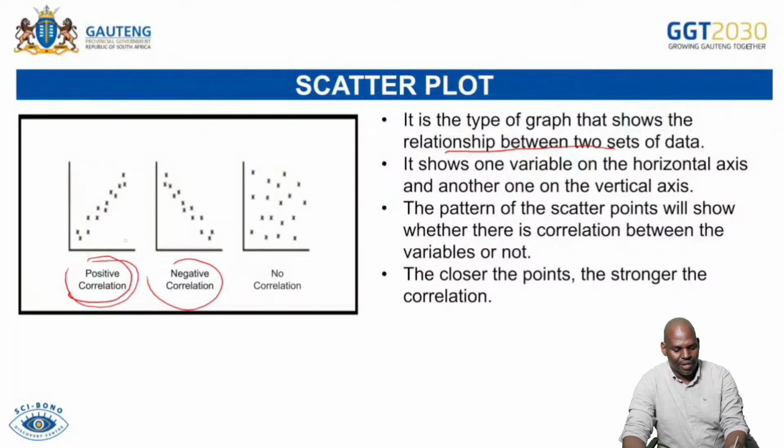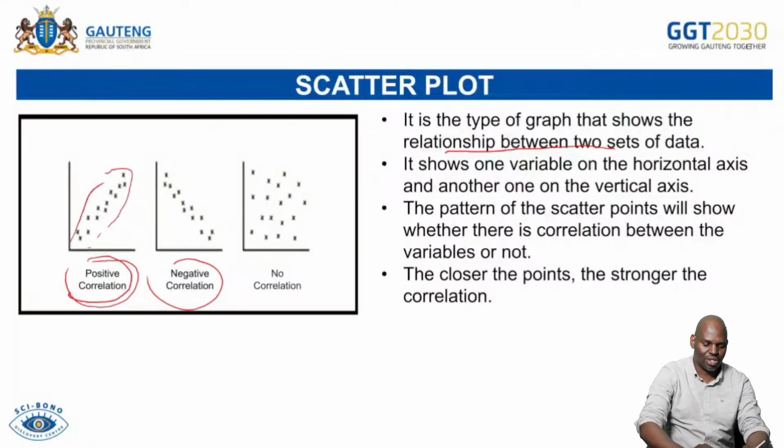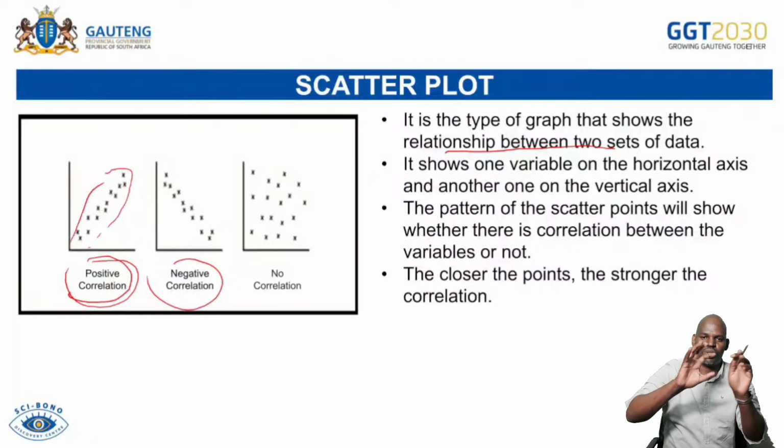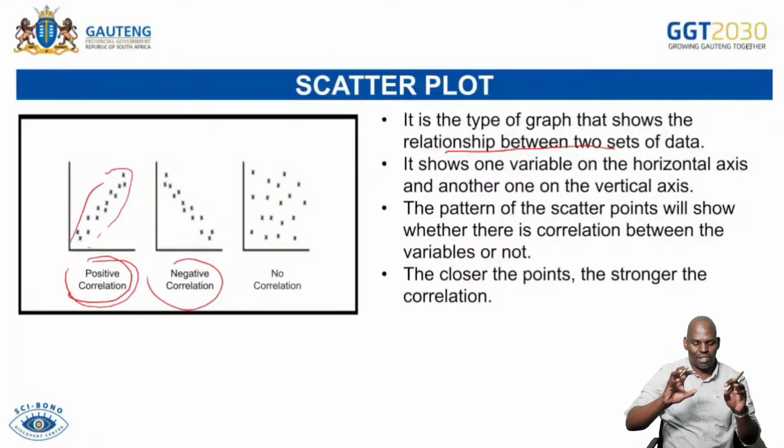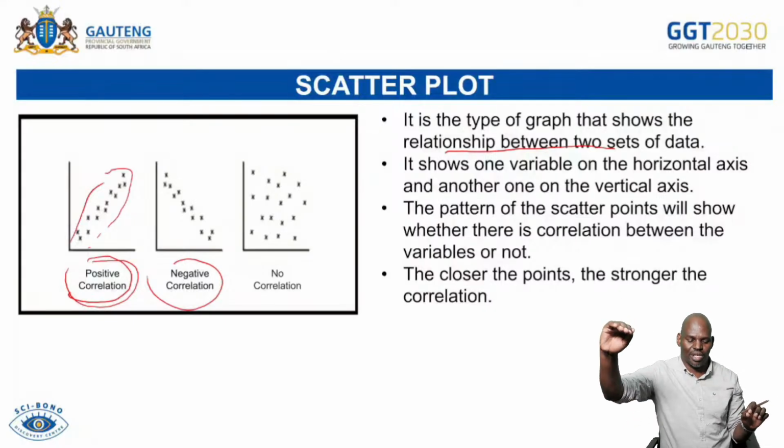Then remember, the scatter plot is only about plotting. You can see that the points are all over the place, but even so, they are giving you a certain direction. In the first one, of positive correlation, even though they are scattered, they give you a picture of a certain direction.